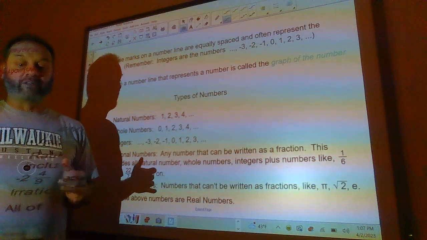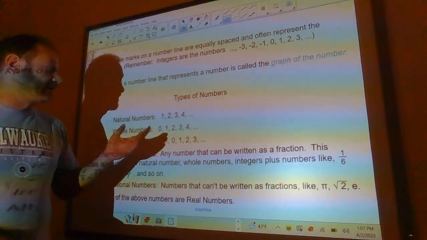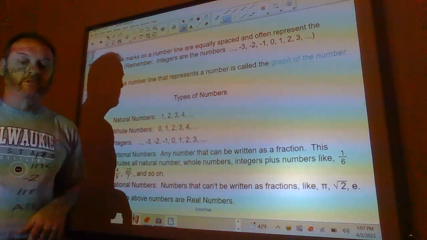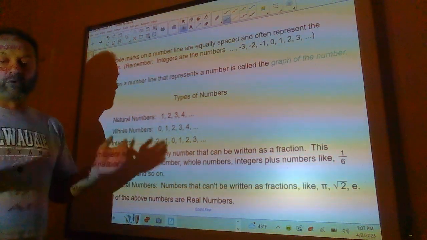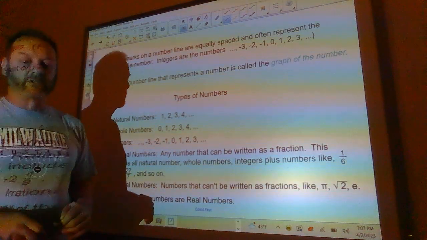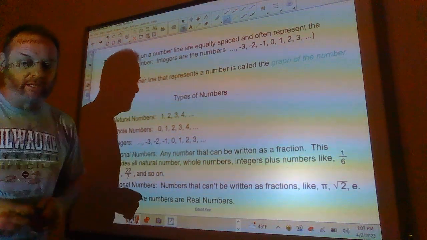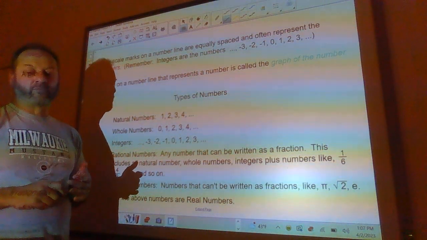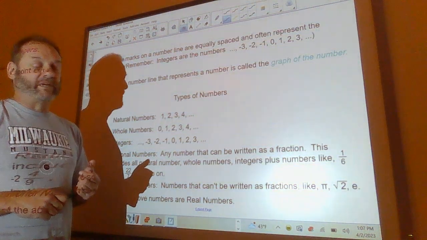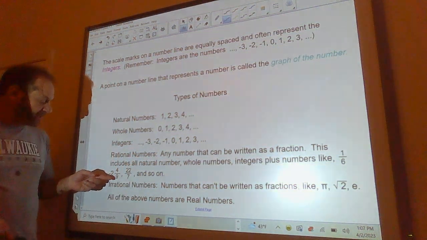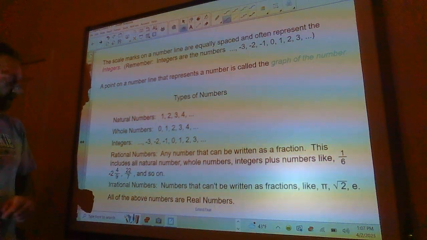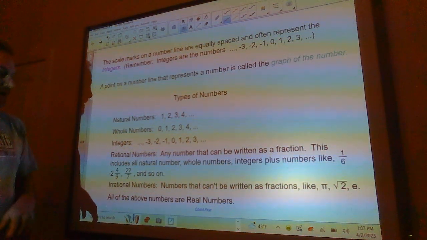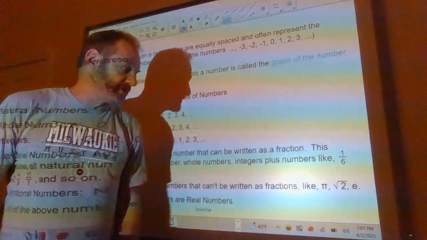So this includes all your natural numbers because I could write 2 as 2 over 1. It includes 0 because it's 0 over whatever you want, 4, say. That would be a fraction. It includes all mixed numbers like 2 and negative 2 and 4/9, improper fractions like 22/7, and so on. Any regular fractions like 1/6.